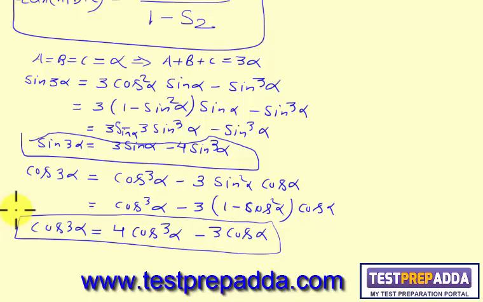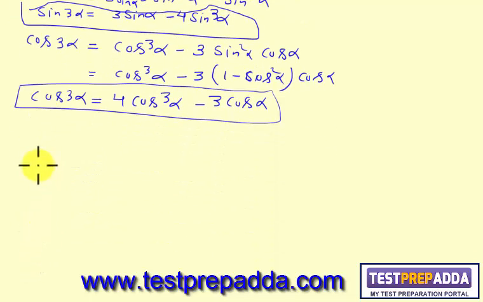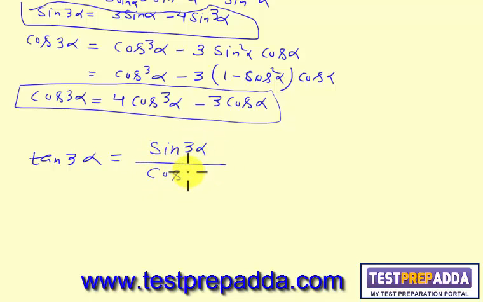Got it? Now, if I try to find tan 3 alpha, tan 3 alpha is what? Sin 3 alpha upon cos 3 alpha.